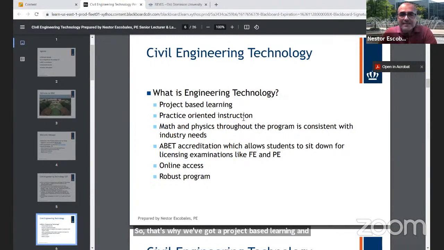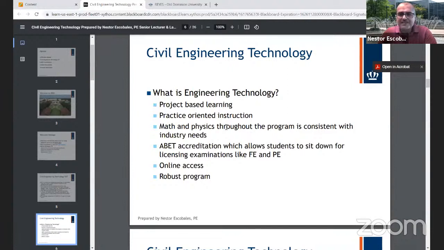And practice-oriented instruction, which means that the problems that you do here are very similar, if not identical, to those that you would do in the industry. So they are not necessarily book-type problems. They are practice-oriented type problems, which would make more sense. That's why engineering technology is known as a practice-oriented degree.